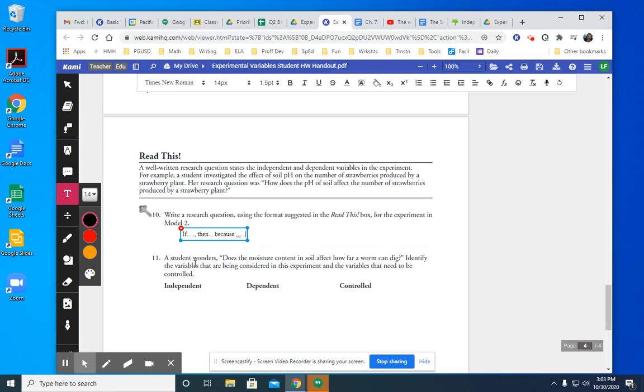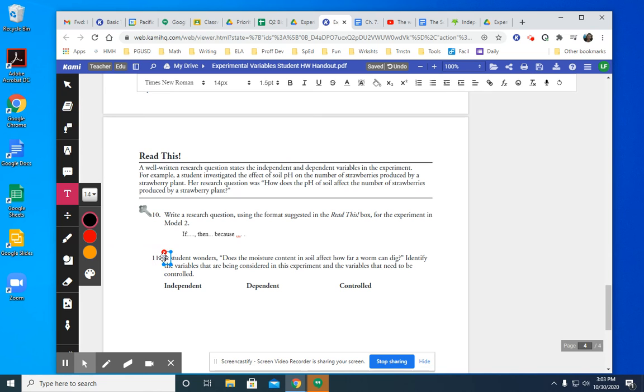Okay, we use that in class, especially when we did the tomato juice on the head. So write a research question for the plant experiment in Model 2 using the if, then, because format.